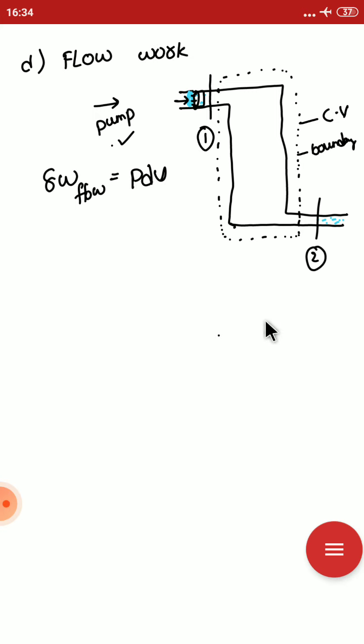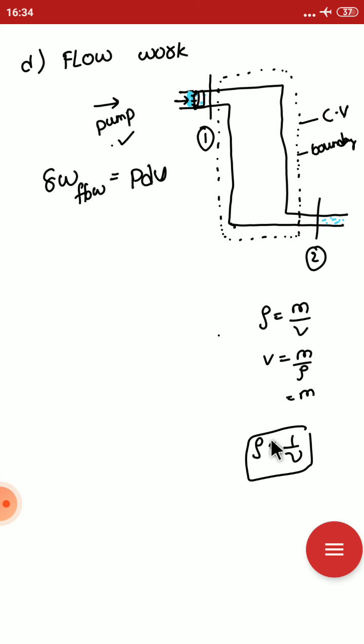We know density equals mass by volume. Here the volume can be written as m by rho, so we substitute this relation here. So the volume is m into v. So the pressure p can be written as v into delta m.